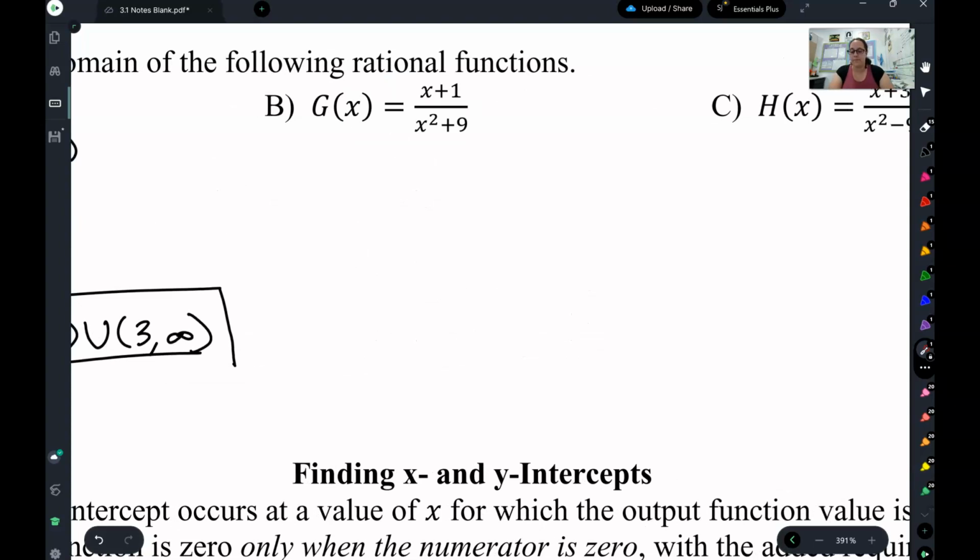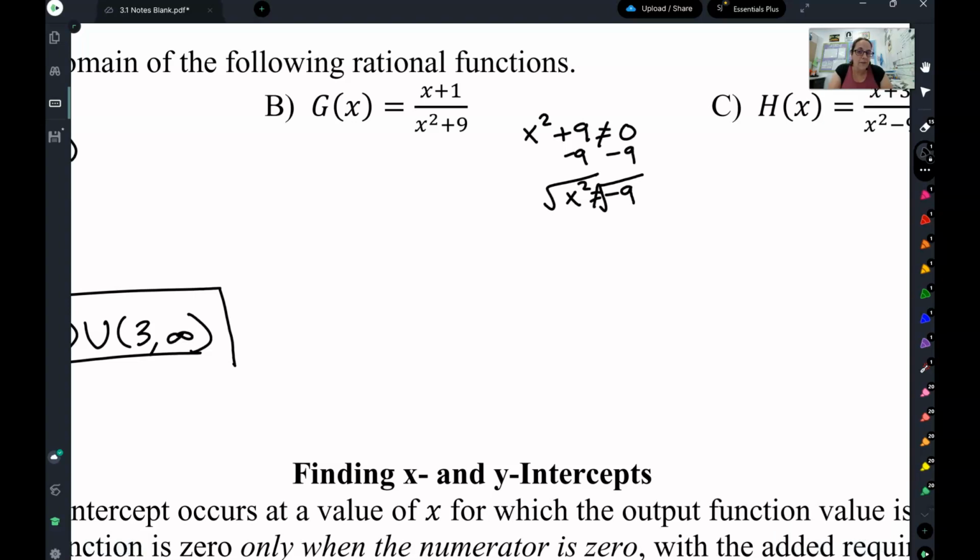So let's look at B. Once again, we need to say our denominator cannot equal 0. If we look at this one, x squared plus 9, this is not difference of squares, so I cannot factor this. So I'm just going to say that denominator cannot equal 0 and see what happens. And I notice right here, I'm trying to take the square root of a negative, which is imaginary, and we already said we don't have imaginary this chapter.